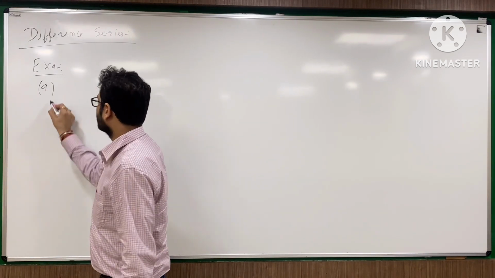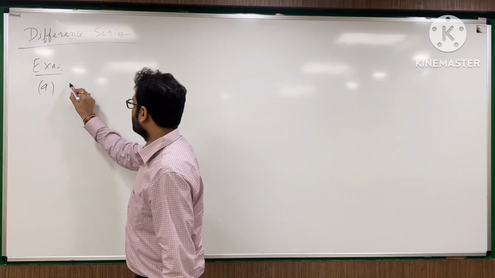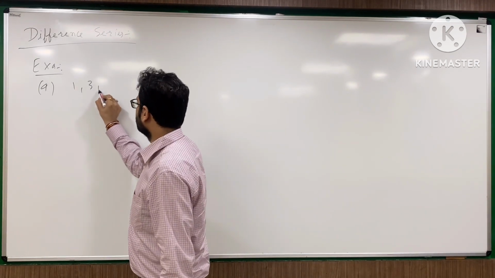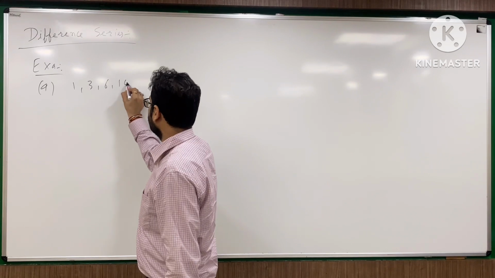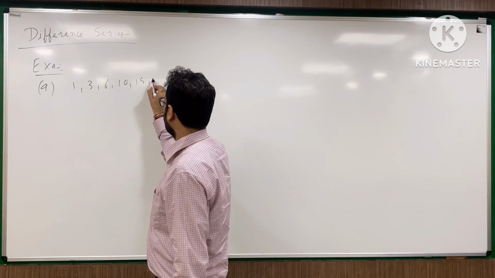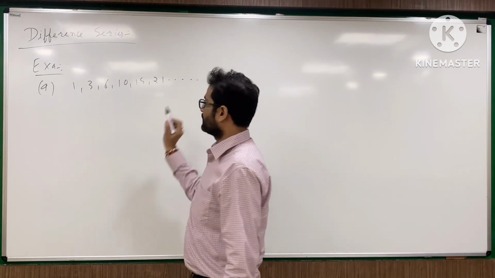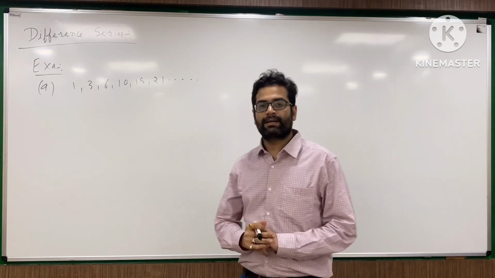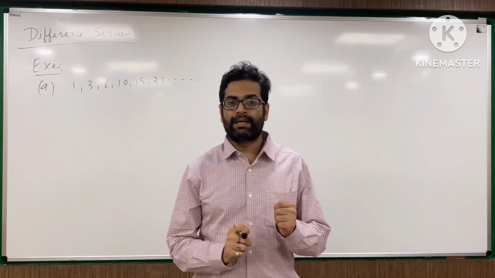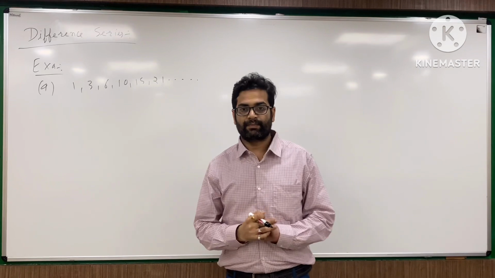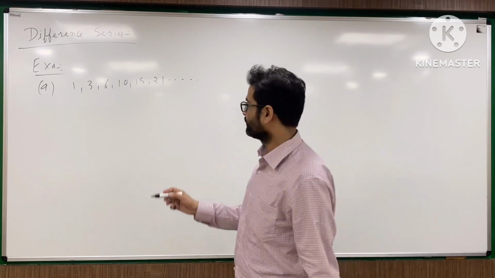The numbers 1, 3, 6, 10, 15, 21. These are in a different series. How do we get it?